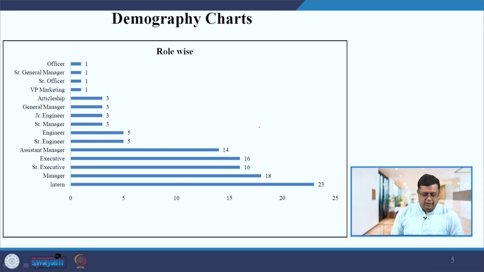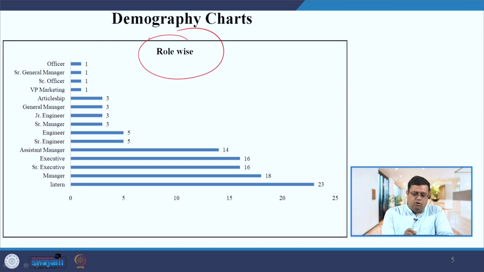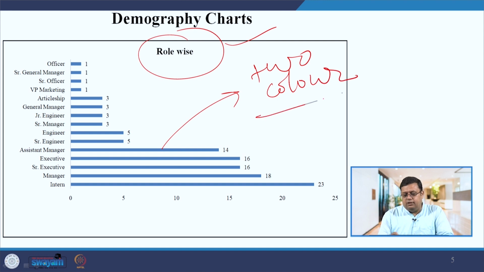Okay, so he has made the role-wise chart, right. Role-wise, how many people or employees are there. Here only one color is there. One more thing that can be added: you can take two colors, one color presenting male, another presenting female. Here the total number is like 14.